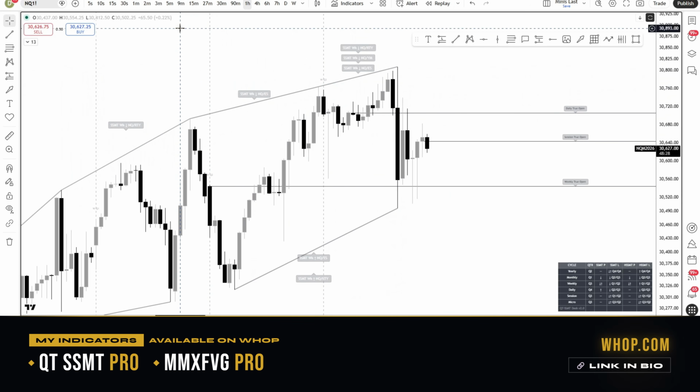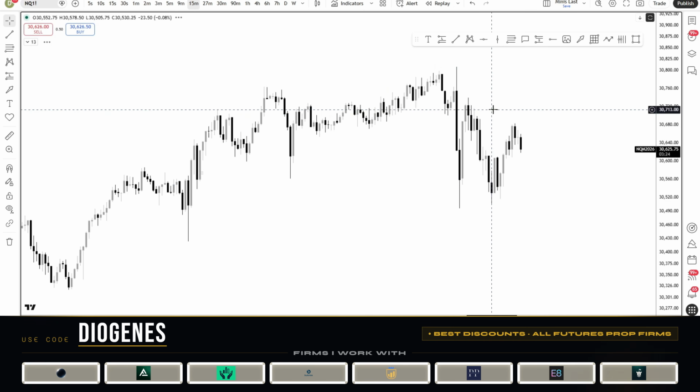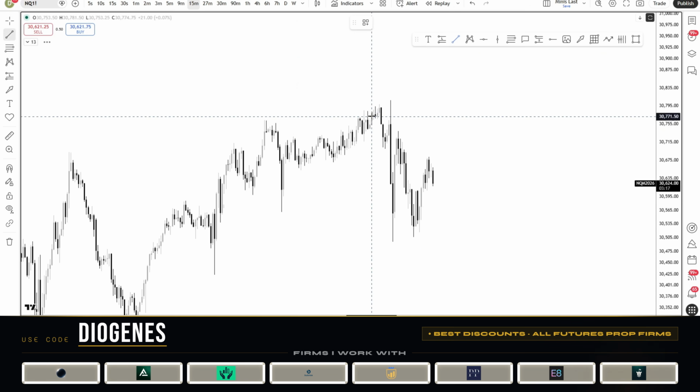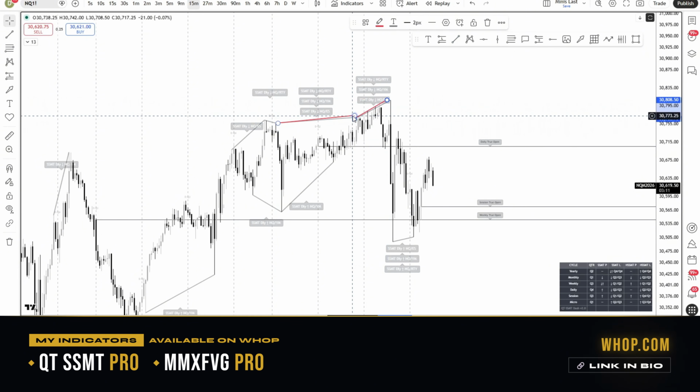So having that in mind, we also had a bearish 15 minutes here, and then just at market open, another one.